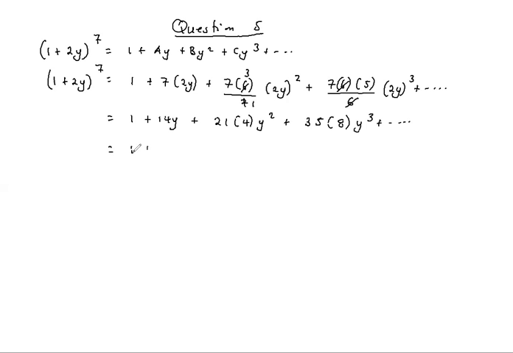So that we get 1 + 14y + 84y² + ... you now multiply 35 by 8.